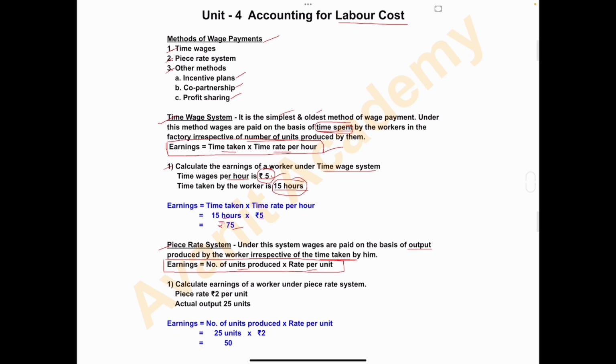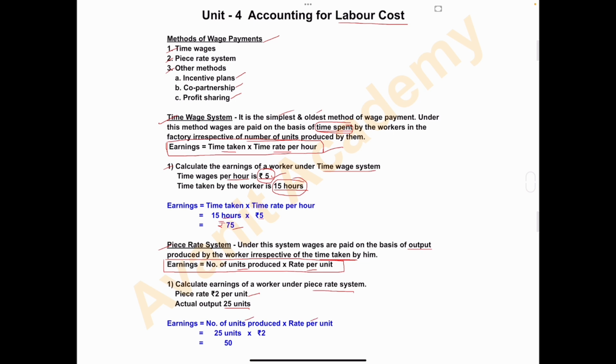Let's see an example. Calculate earnings of worker under piece rate system. Piece rate rupees 2 per unit. Actual output 25 units. Okay, the worker has produced how many units? 25 units, and the rate per unit is rupees 2. Let's calculate. Earnings is equal to number of units produced into rate per unit.